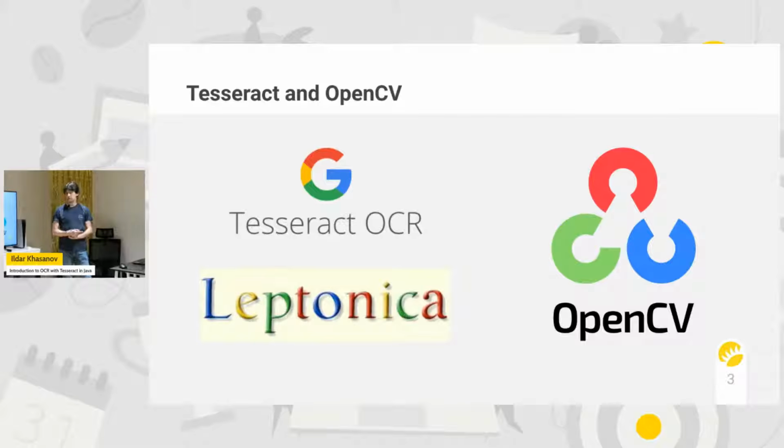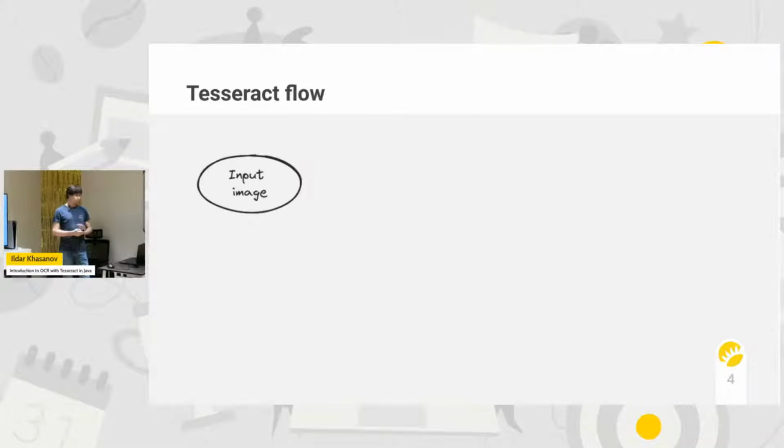OpenCV is a really good open source library for computer vision. It's useful not only for OCR, but for various computer vision tasks. It has more than 2,000 functions, and you can use it for almost everything from real-time video stream processing to OCR and so on.